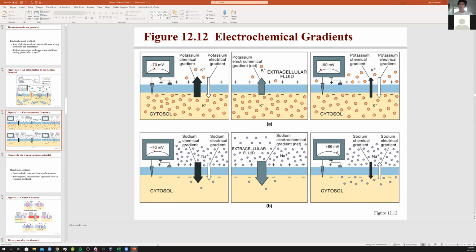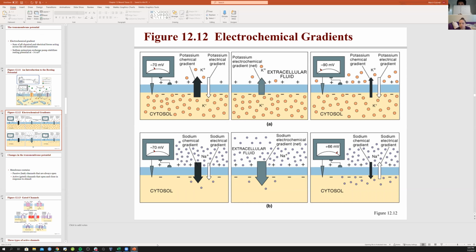So let's say, and what we are basically seeing here is a membrane, and here are some positively charged ions. Now, this membrane, the ions can't just make it across the membrane, especially if this is, let's say, a lipid bilayer.